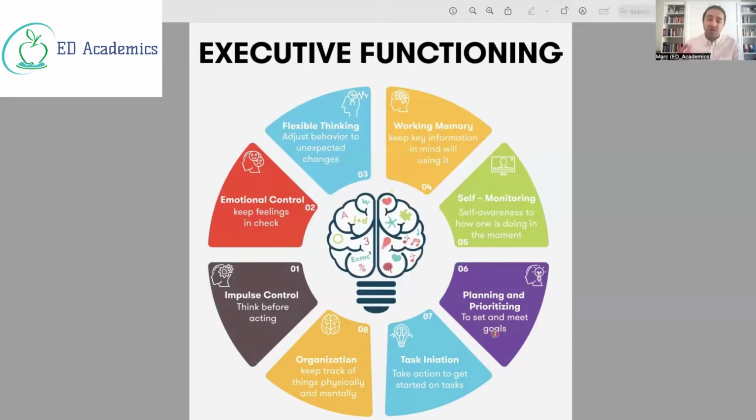So here's what we're talking about where theory meets practice. The theory of executive functioning as it pertains to behavioral skills are all these to-do list types of things. Organization, task initiation, planning and prioritization. These are things that we want to behave a certain way in doing.